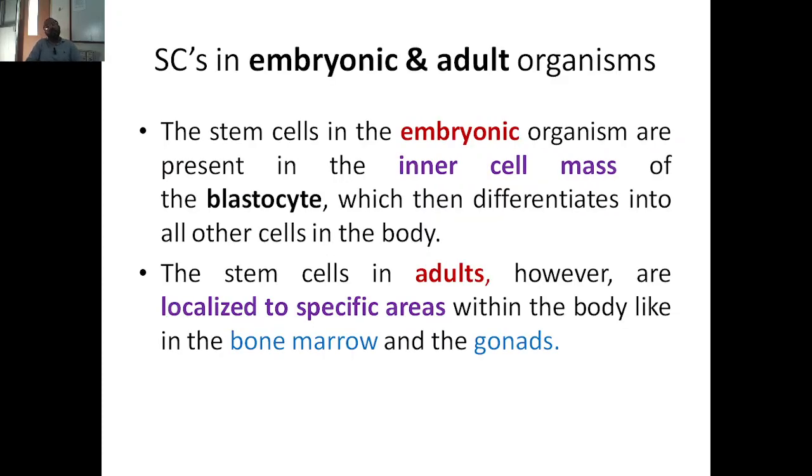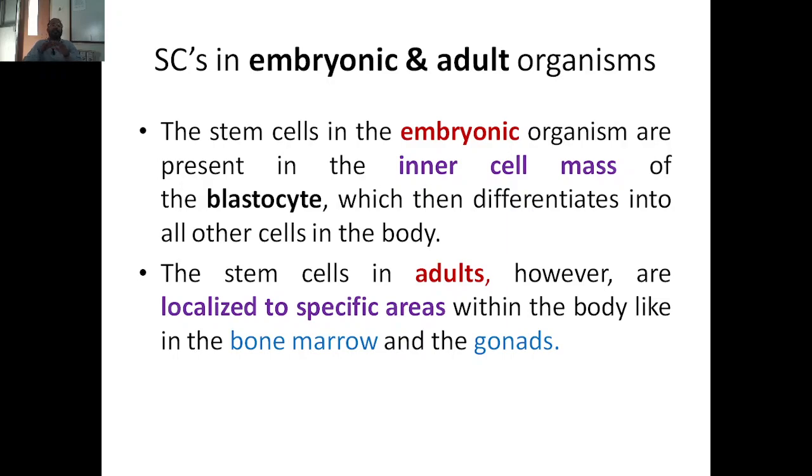So stem cells in embryonic and adult organisms: how they are, where they are, where we can find them, all those things we will see. The stem cells in embryonic organisms are present in the inner cell mass of the blastocyst.